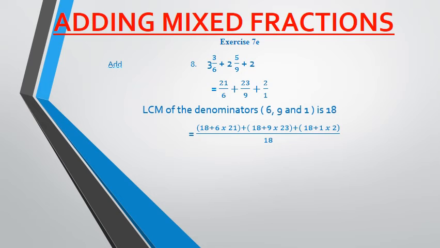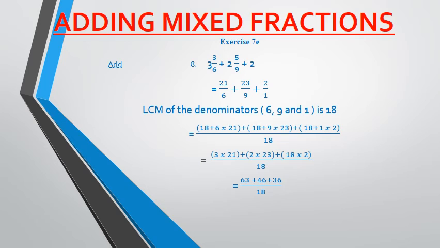And then in the next step we will solve this, and what do we get? We get 3 multiplied by 21 plus 2 multiplied by 23 plus 18 multiplied by 2 upon 18, which in turn is equal to 63 plus 46 plus 36 upon 18.